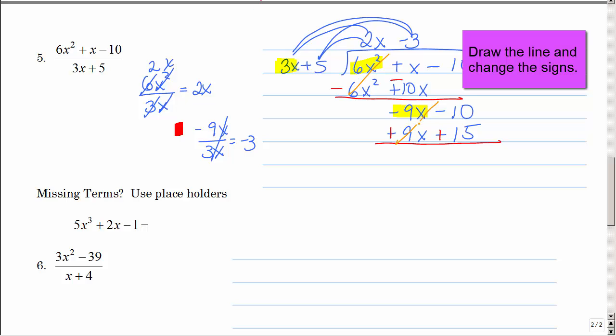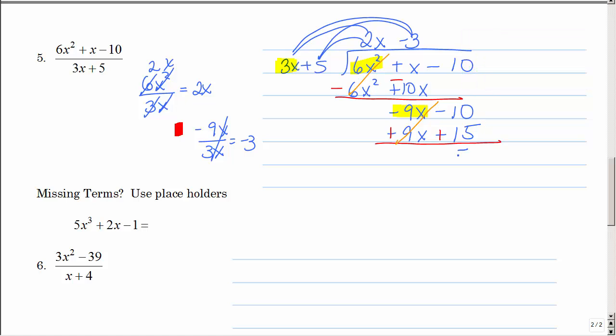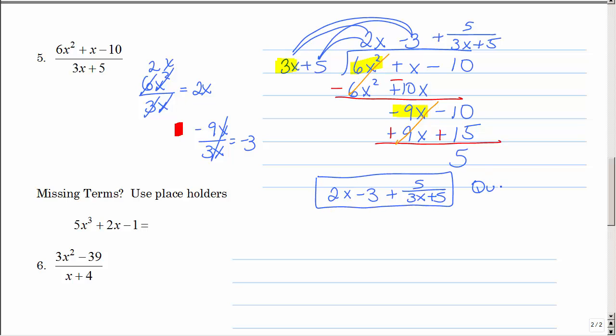These are equal but opposite, so that's 0. And negative 10 plus 15 is 5. So we put our remainder on top of our divisor. So our final answer looks like this: 2x minus 3 plus 5 over 3x plus 5. That's what we would call our quotient. When you divide, you get a quotient.